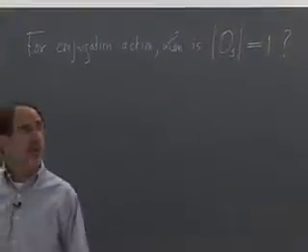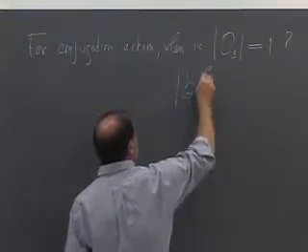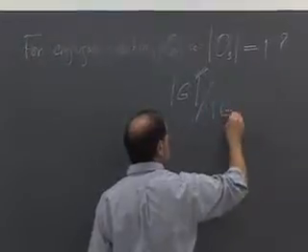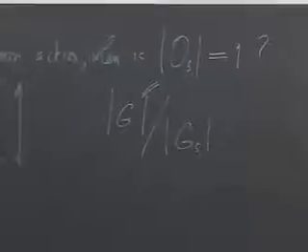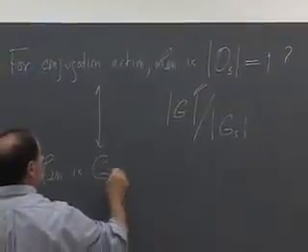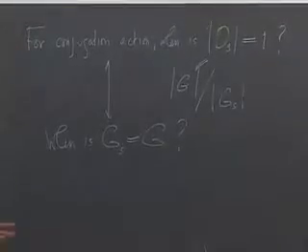That's a good question. Well, we know that the size of the orbit is the order of G divided by the order of the centralizer. So this is equivalent to the condition: when is G sub S equal to G? When is the centralizer the full group?